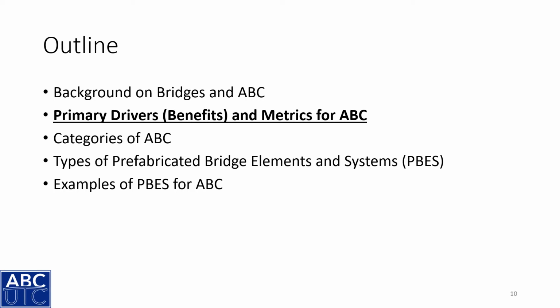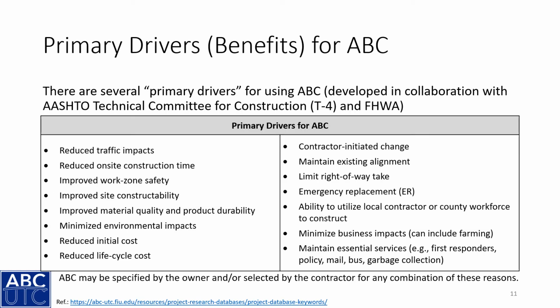In the next few slides, we're going to go through the primary drivers or benefits and metrics for assessing the successfulness of an ABC project. The primary drivers or benefits for ABC and all the different keywords that I'm going to go through in the next number of slides were developed in collaboration with the AASHTO Technical Committee for Construction, T4, and FHWA.